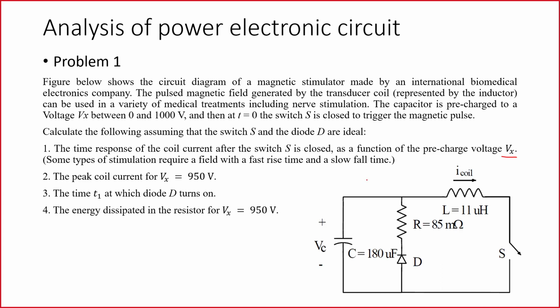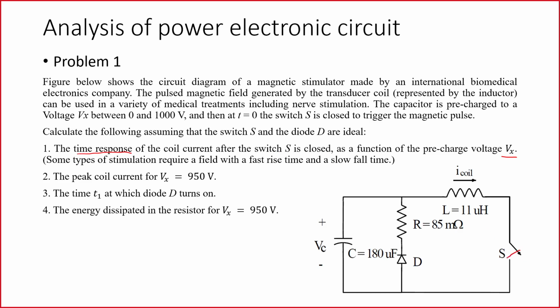So here the question asks you to calculate some parameters for equations 1 up to 4. The first one asks you to find the time response of the coil current after the switch is closed.